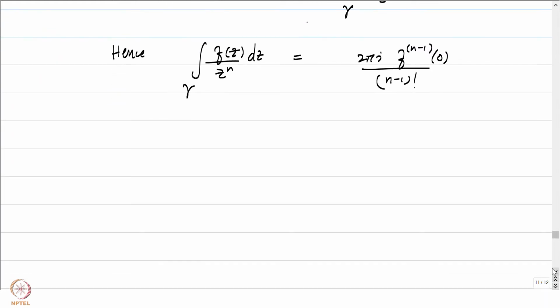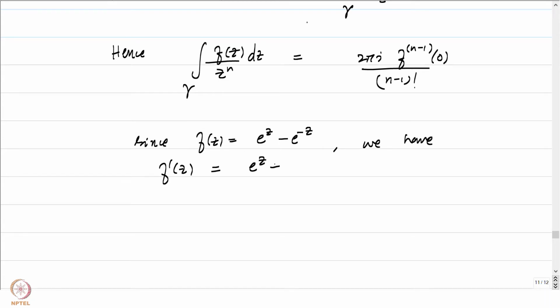Now, computing the right hand side is going to be easy. Since f is e to the power z minus e to the power minus z, we have f prime of z equal to e to the power z plus e to the power minus z. F double prime is going to be e to the power z minus e to the power minus z, and so on.